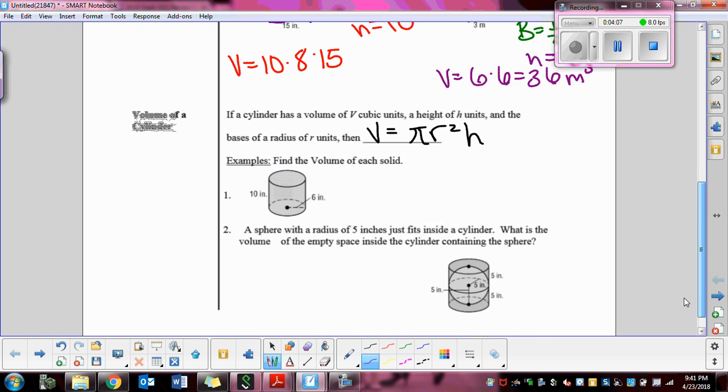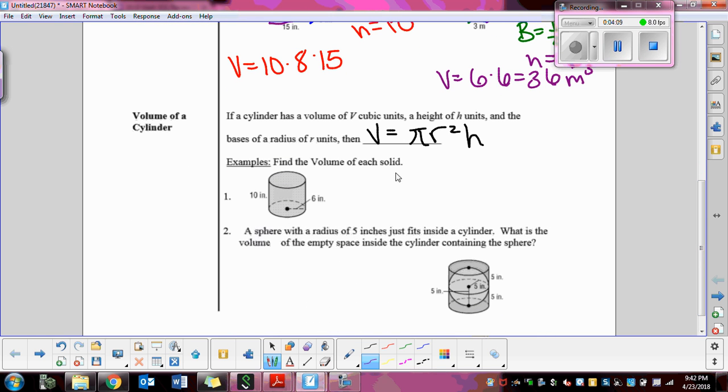Okay, the volume of a cylinder, we have this formula. It's on your formula sheet. It's pi r squared h. So pi times your radius squared times your height. Okay, I'll find the volume of the solid. The radius right here, r is 6, and then your height is 10.